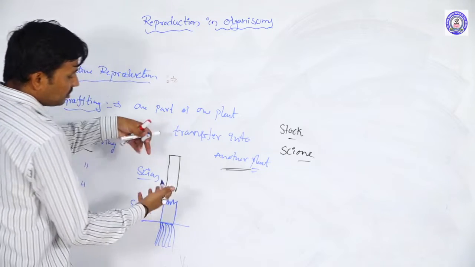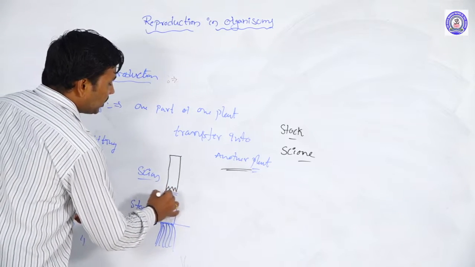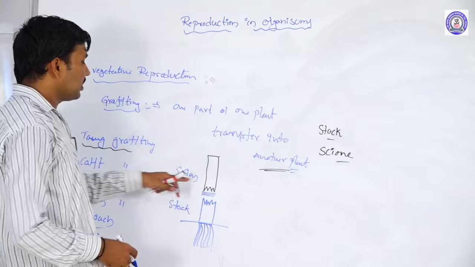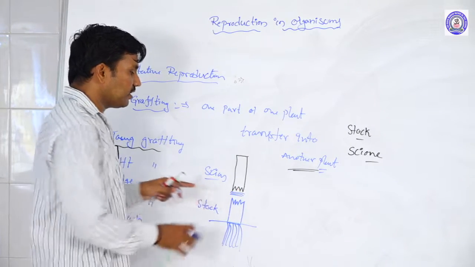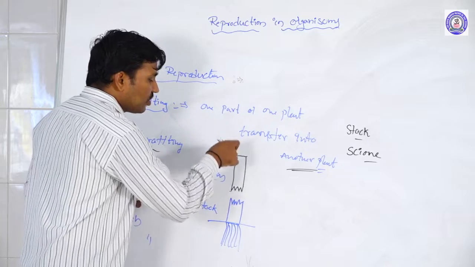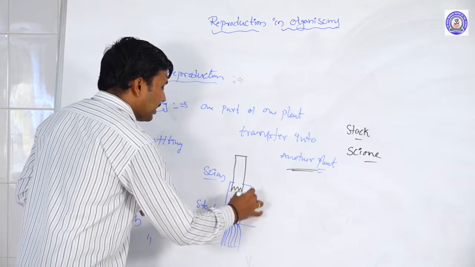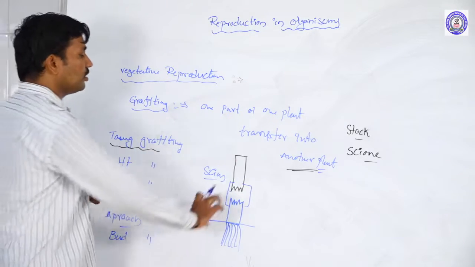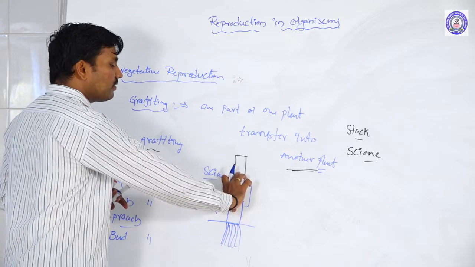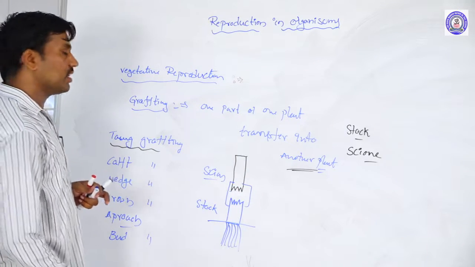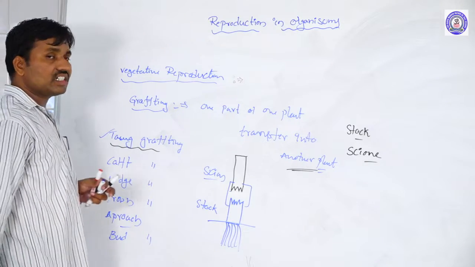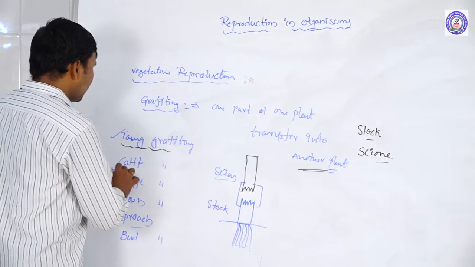Both are joined in a tongue-like way, meaning the edges have a similar configuration. We insert these two plants together and tie them with tape. Later, these two parts unite and form one plant. This type of grafting is called tongue grafting.